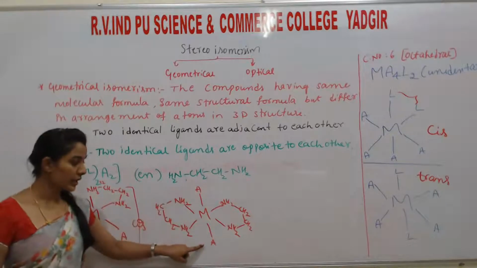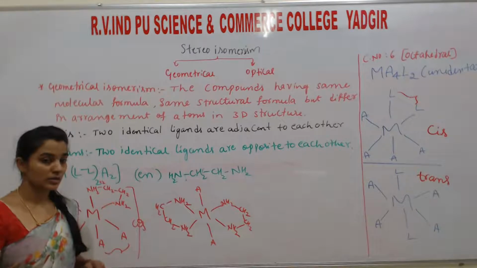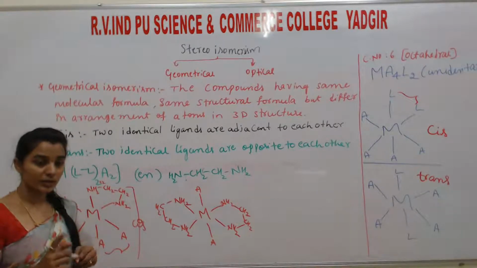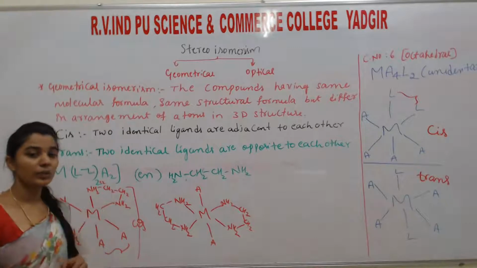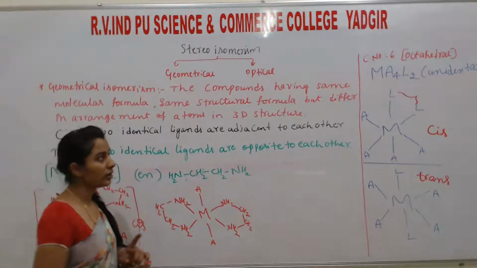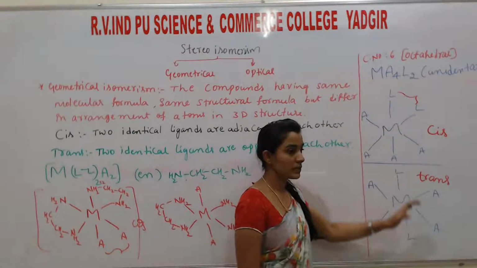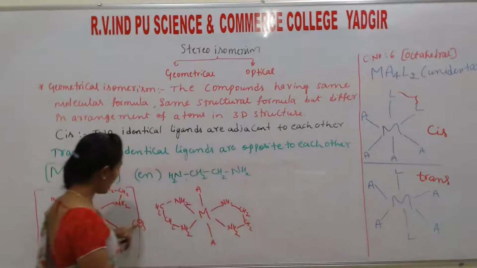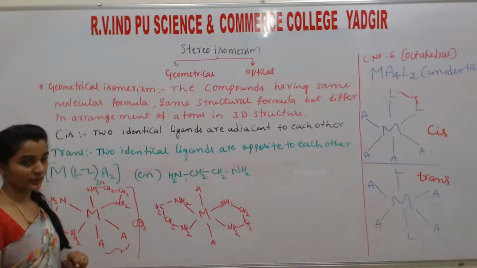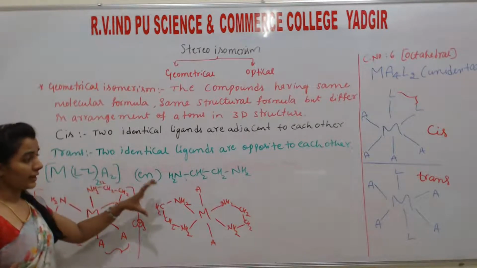If the two identical atoms are opposite to each other, then they form trans structure. So in the square planar structure, students, only one possibility is there, that is MA2B2 type molecule, they form cis and trans isomers. If octahedral, two types of formulas are there. If they are unidentate, they form cis and trans. Even though they are bidentate, they form cis and trans isomers. Understand? So this is our geometrical isomerism.